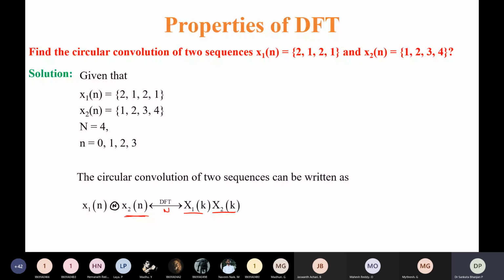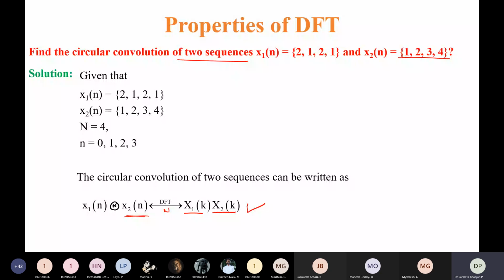I'll take this question: find the circular convolution of two sequences x1 of n equal to 2, 1, 2, 1 and x2 of n equal to 1, 2, 3, 4, using this property.